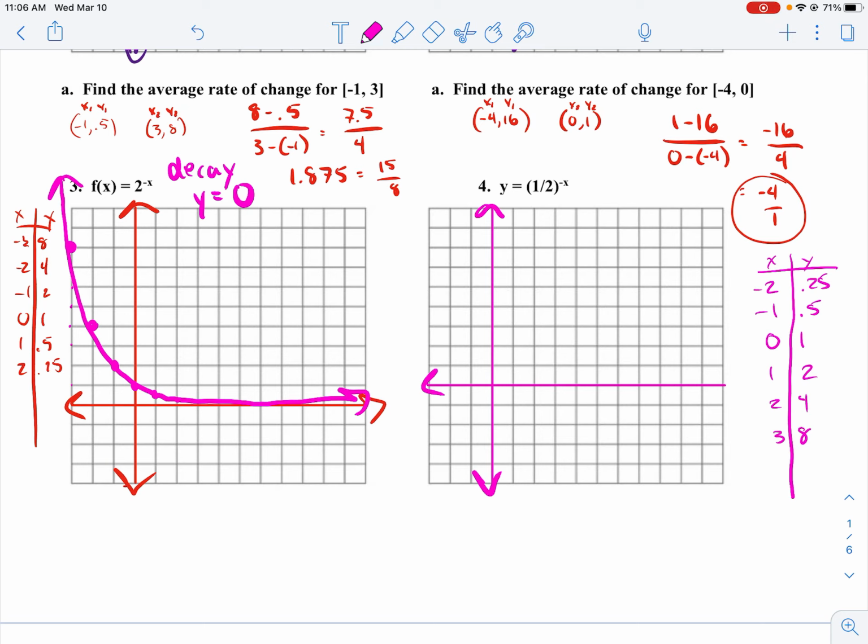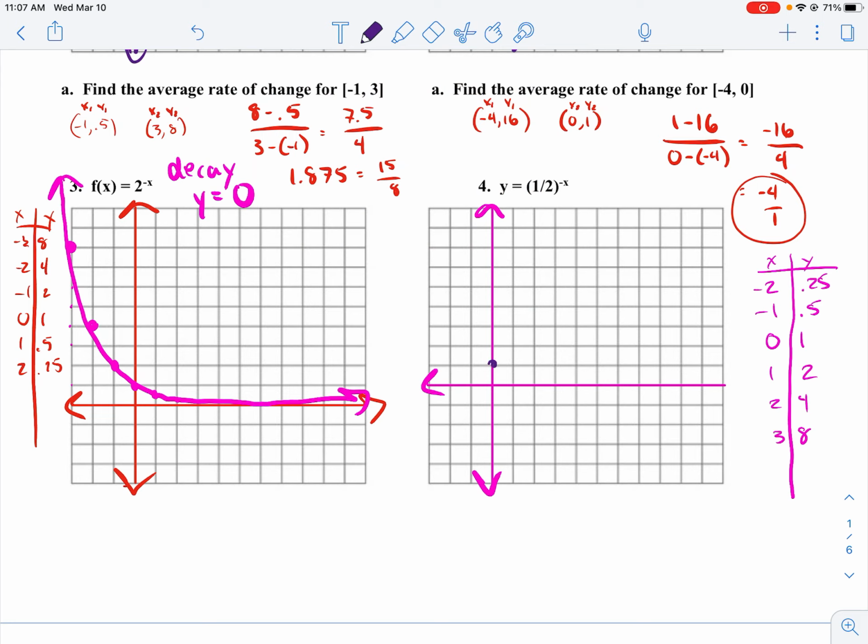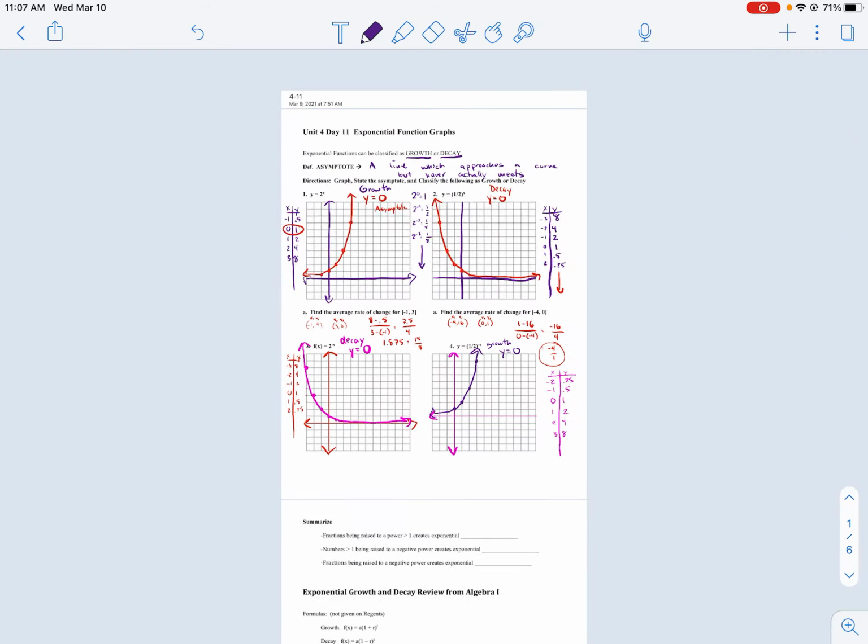All right? So what we can say here is that we have a growth problem with our asymptote at y is equal to 0. Again, it will never go below that line.